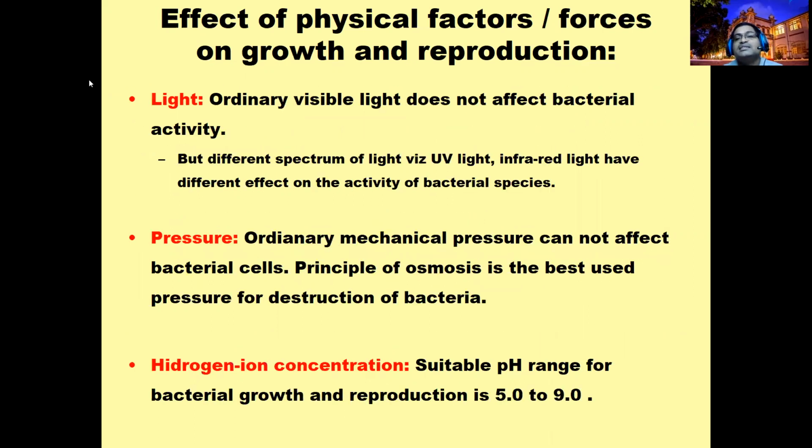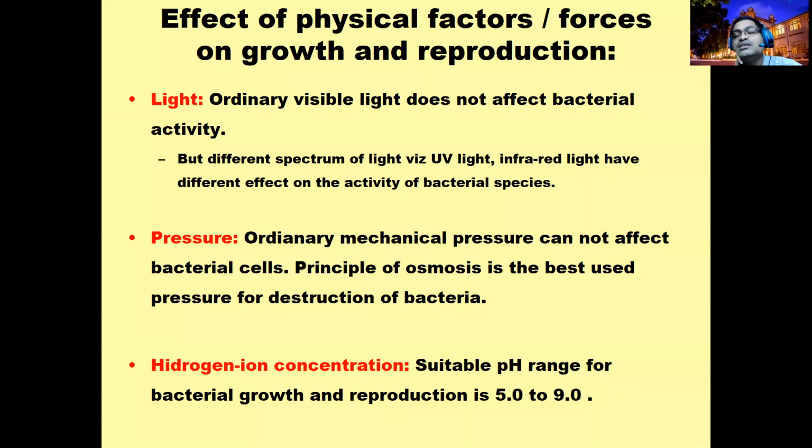The third factor is light, right? Ordinary visible light does not affect bacterial activity. Bacteria survive in the visible light range, and it will not harm them. But certain light waves, normally UV and infrared, can kill these bacteria, and can even deactivate and kill bacterial spores.